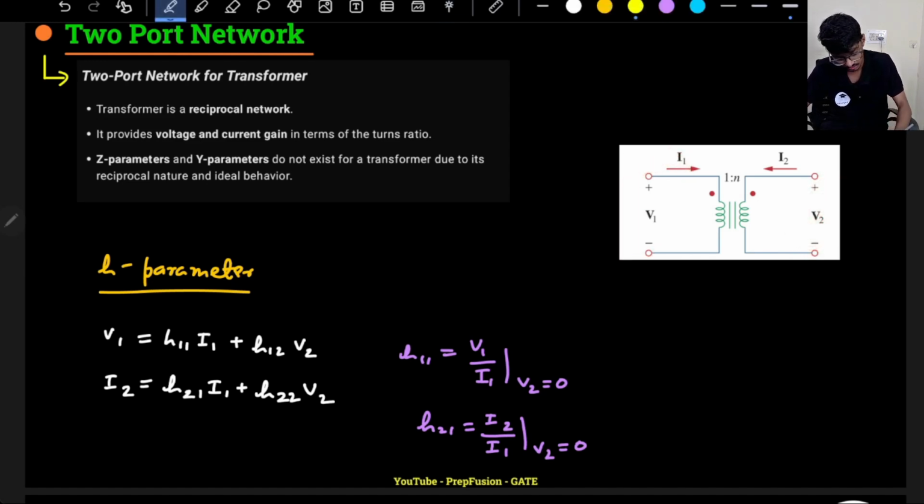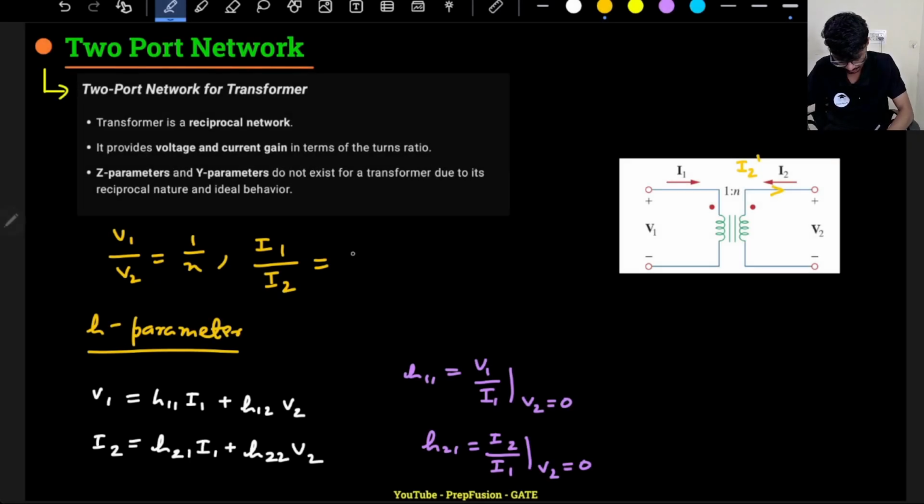So what is the relationship between the currents of a transformer? The current across the transformer is this, I2 dash. Don't mess up, this is the actual transformer. If I write the turns ratio equation, V1 divided by V2 equals 1 by n, and I1 divided by I2 dash, because the transformer is with respect to I2 dash, will be the opposite of the turns ratio, so n by 1.